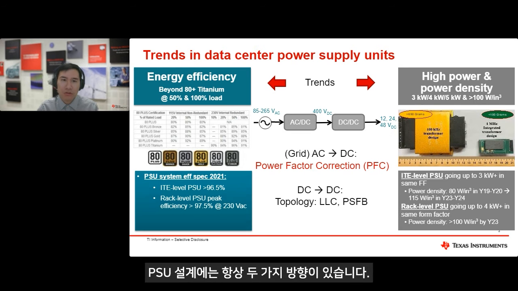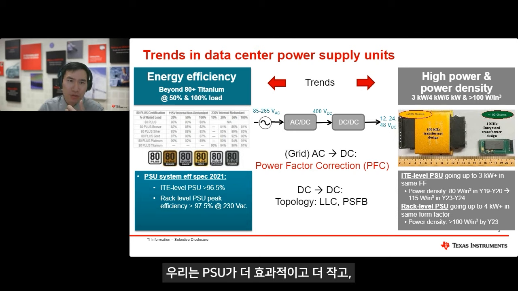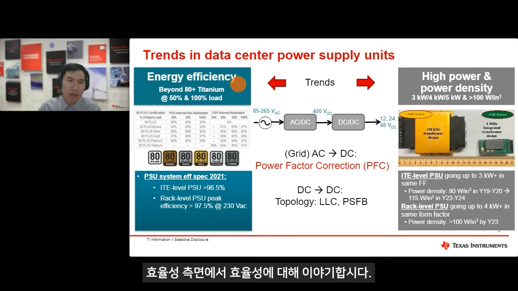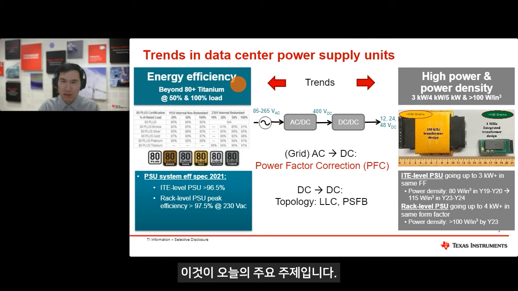For the PSU designs, there are always two directions. We want the PSU to be more efficient and also smaller, basically have higher power density. Let's talk about the efficiency side. This is our major topic today.